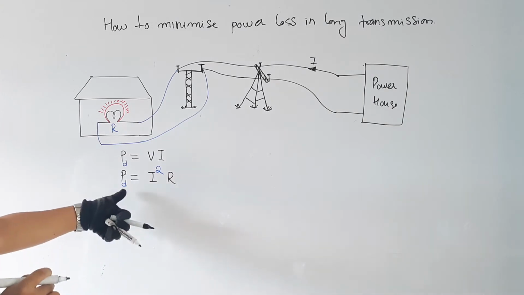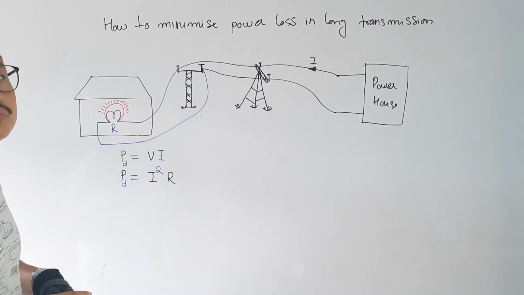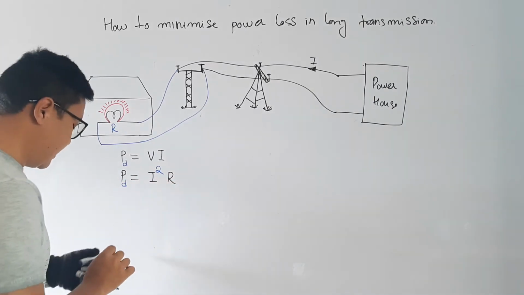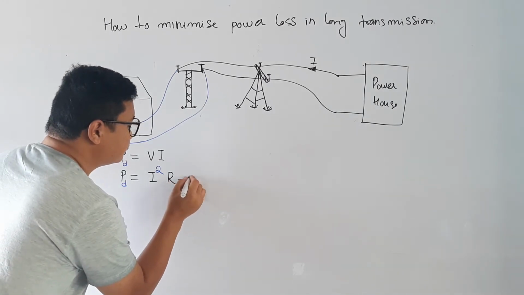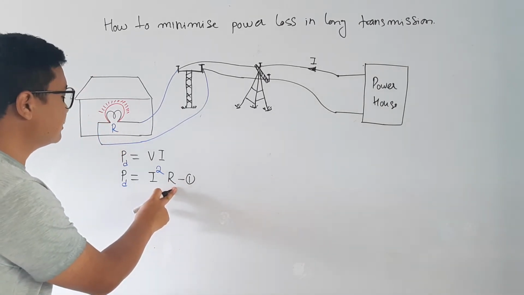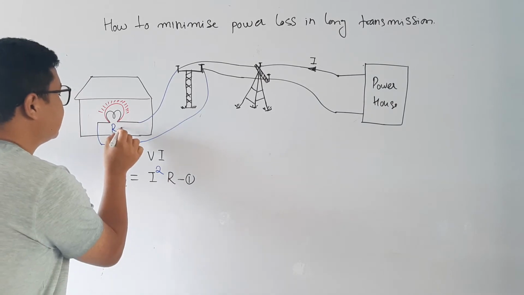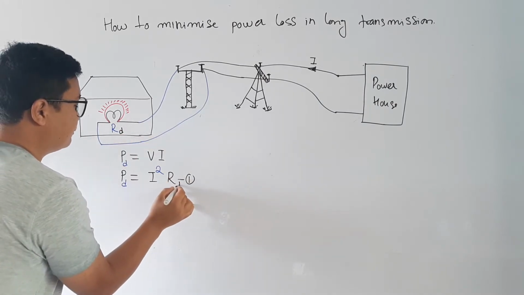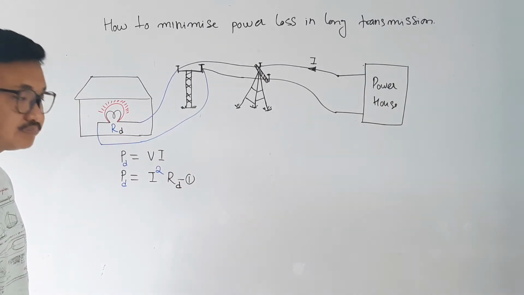Okay, so this is the power of the device which we want to have, and let this be equation number 1. And let me write the resistance as R of D, where RD means the resistance of the device.